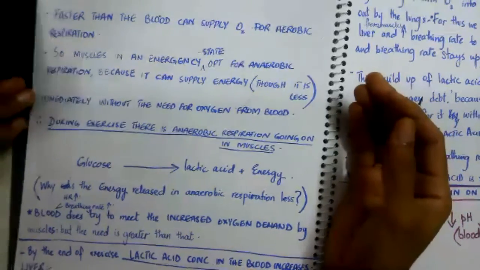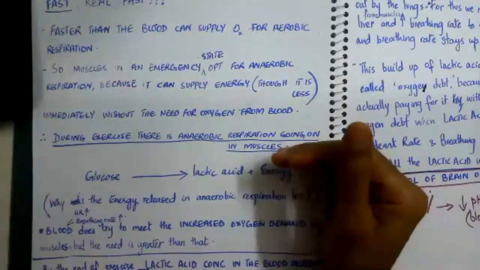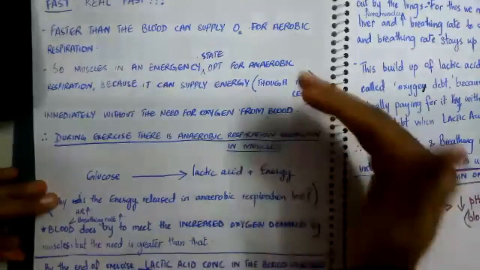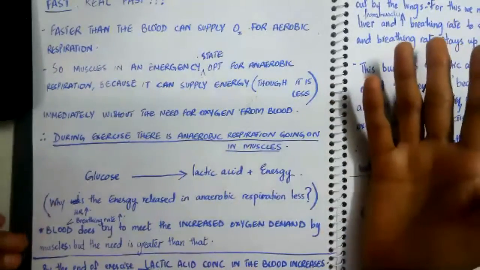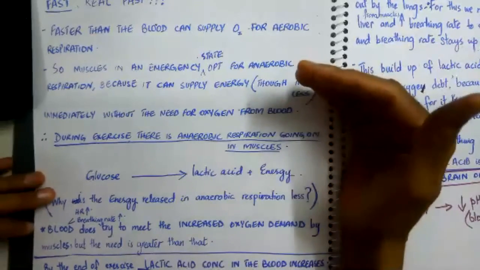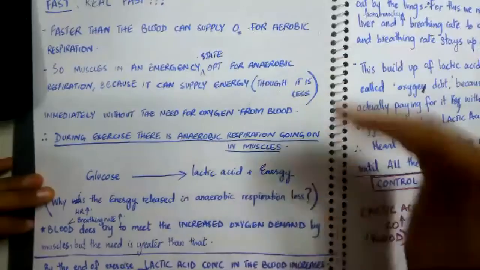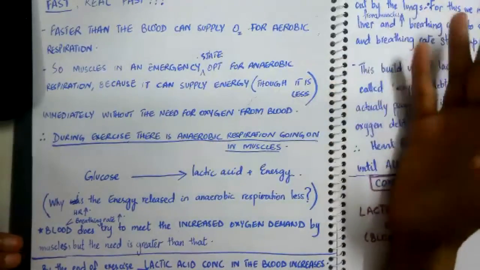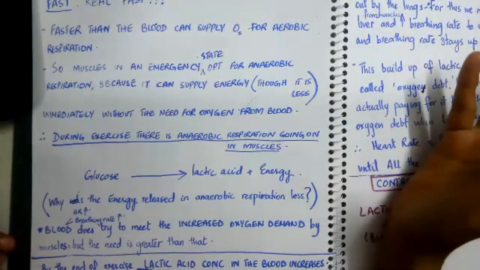Now, why does the circulation increase? The circulation increases so that there is an increased supply of oxygen, which is being brought by the red blood cells, right? So increased circulation would mean increased supply of oxygen to the muscles, and that is possible only when the heart starts pumping at a faster rate.